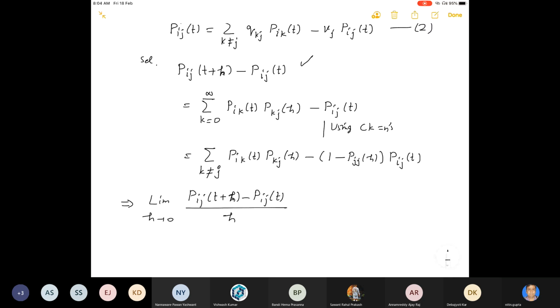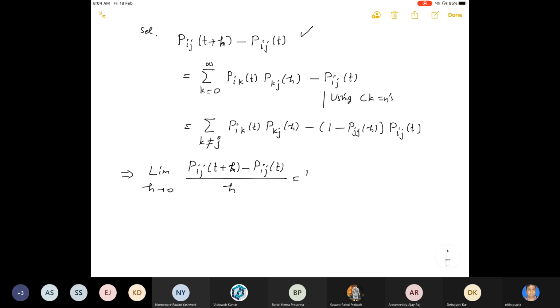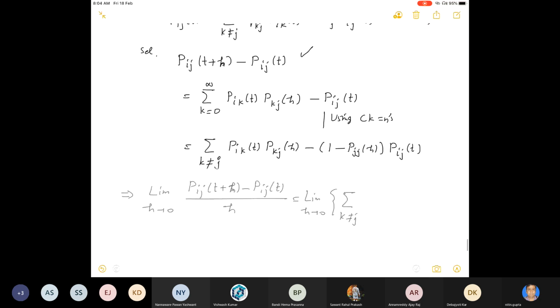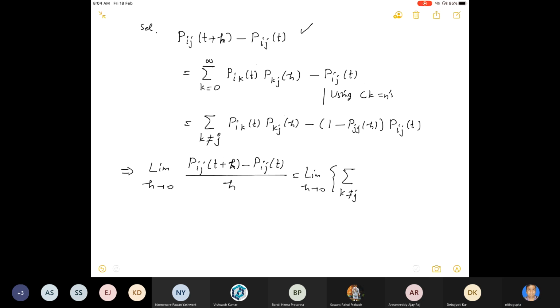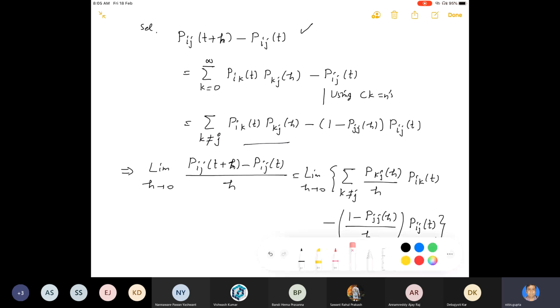What we will get is the limit as h goes to 0, summation k is not equal to j, Pkj h upon h Pik t from the first term, and minus 1 minus Pjj h upon h Pij t. So this is the term we are getting.